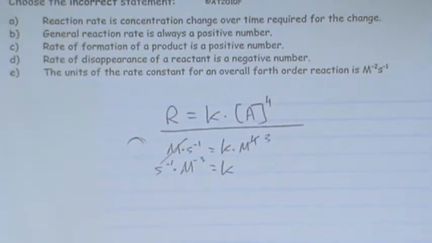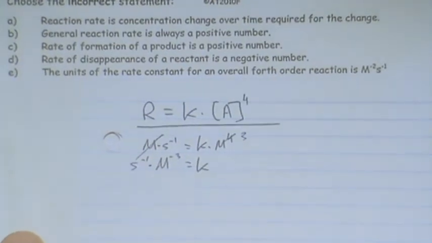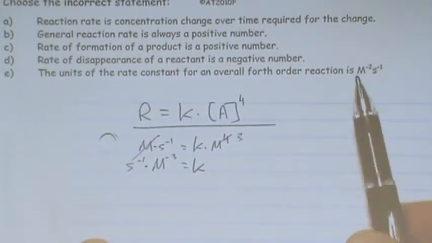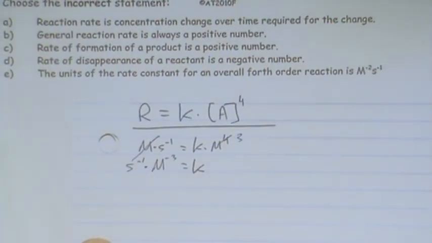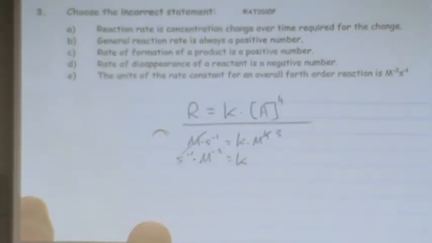You just solve it. Is that clear? By that way you confirm that that's the incorrect one, just in case you had a doubt that one of the other four was incorrect.